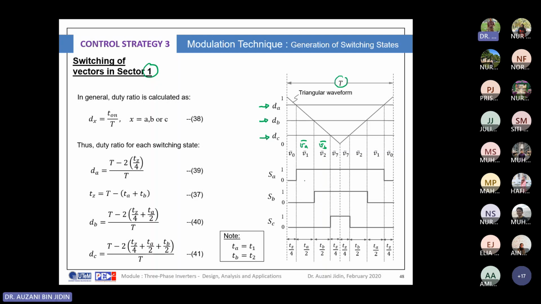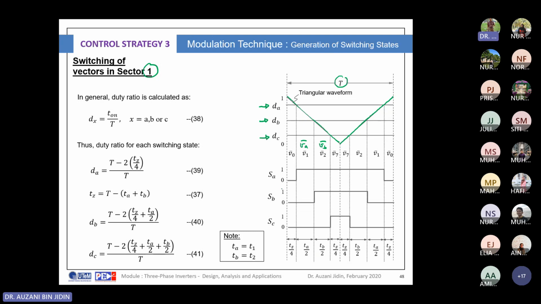You can produce the output by comparing the respective d signal and the triangular waveform. This is your triangular waveform for one complete cycle, peak to peak. We define this as T, the period of the triangular waveform.